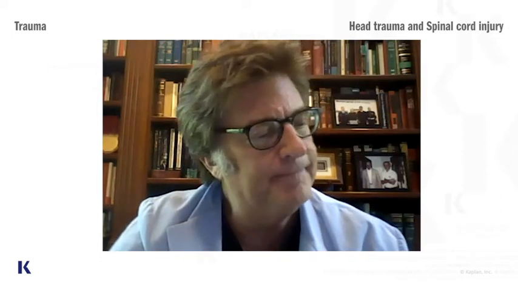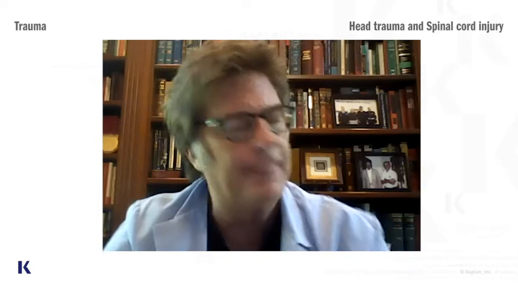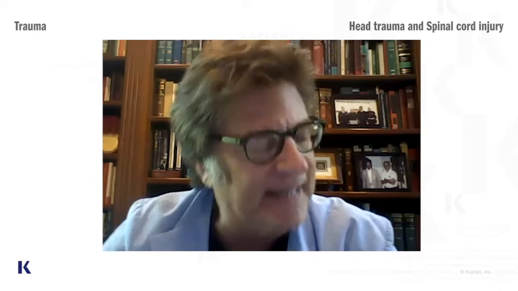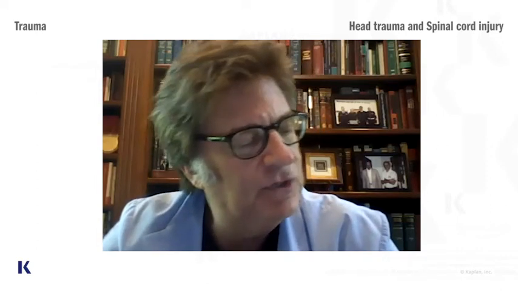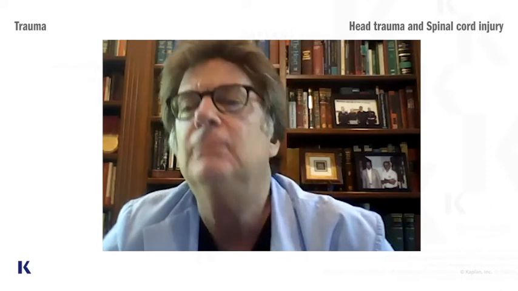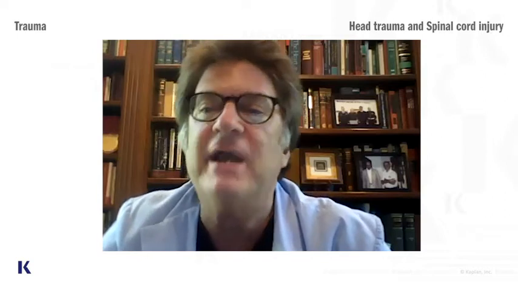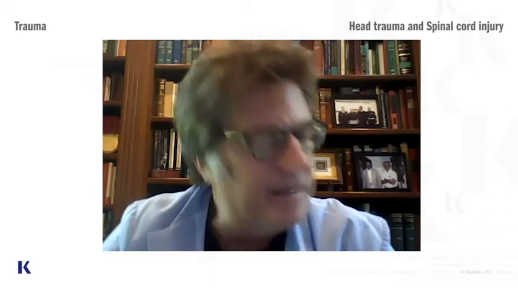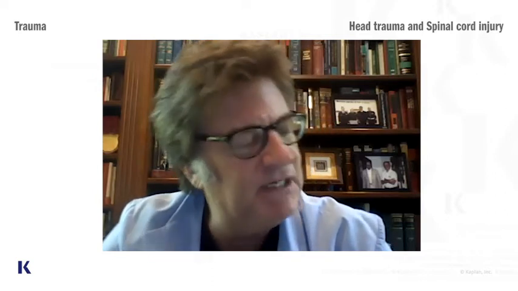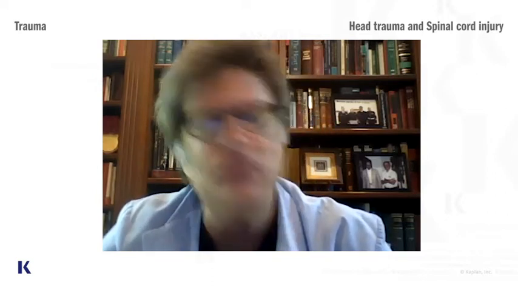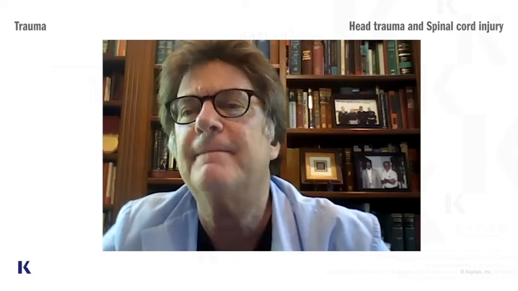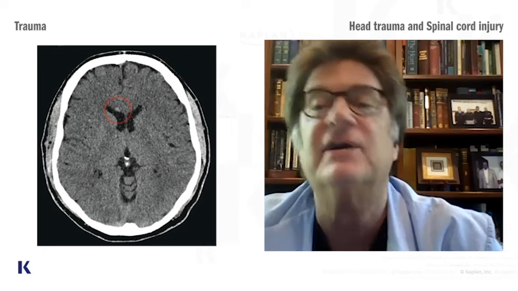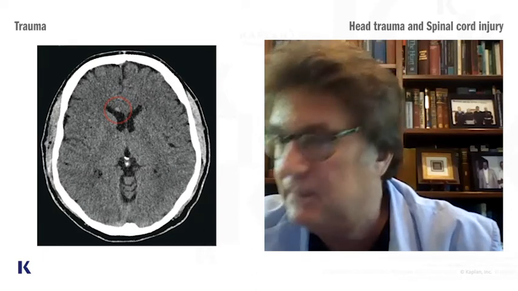Next, a patient comes in with trauma to their head and the CAT scan shows blurring of the gray-white interface and multiple petechiae hemorrhages. What is that? That is diffuse axonal injury. Let me repeat it.